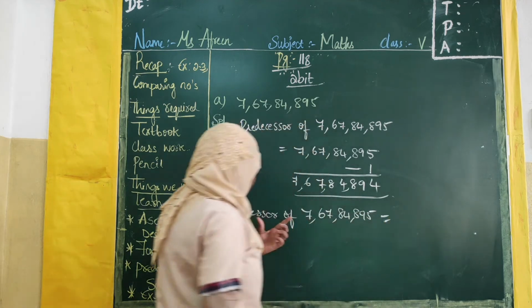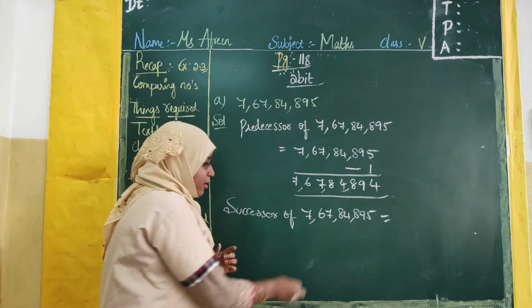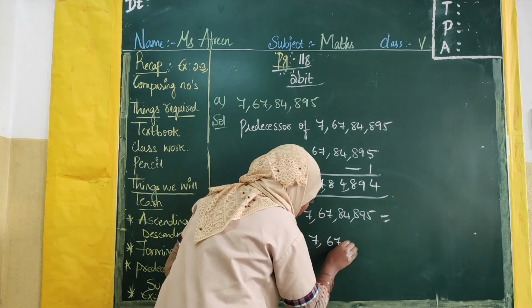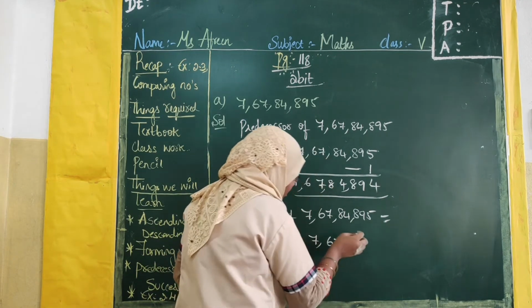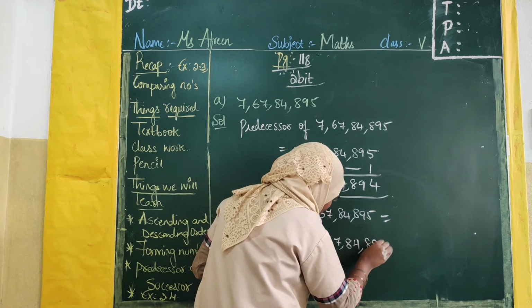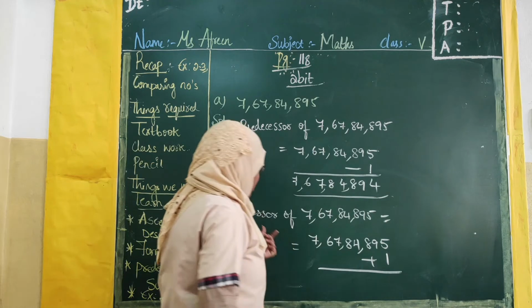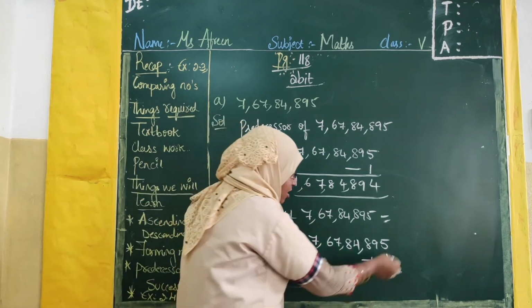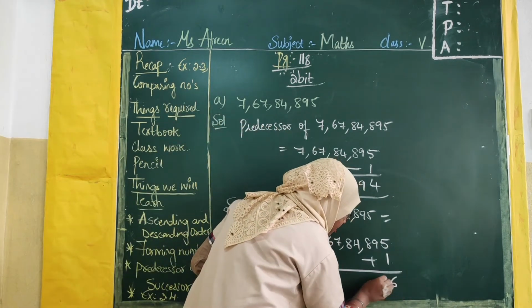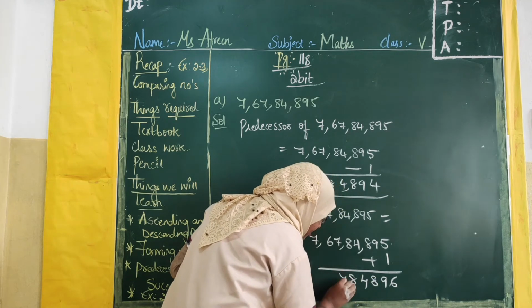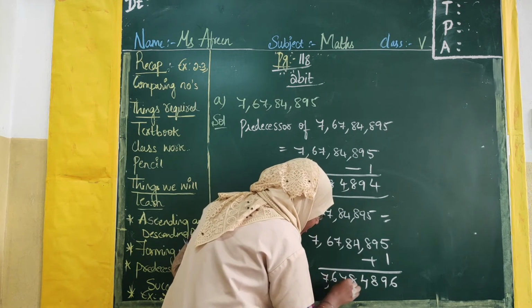Next is the successor. Successor of 7 crores, 67 lakh, 84,895. Now what will we do for the successor? We will add 1. So 5 plus 1 is 6. The rest are the same: 9, 8, 4, 8, 7, 6, 7.